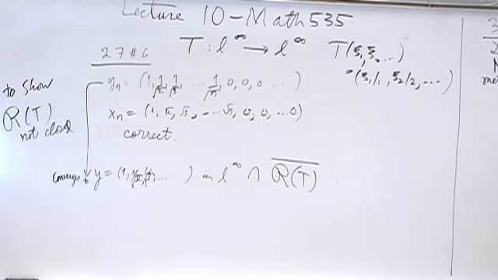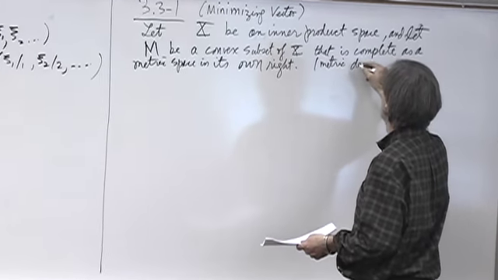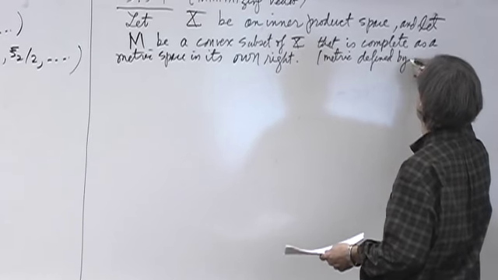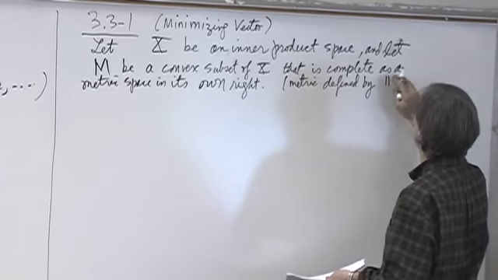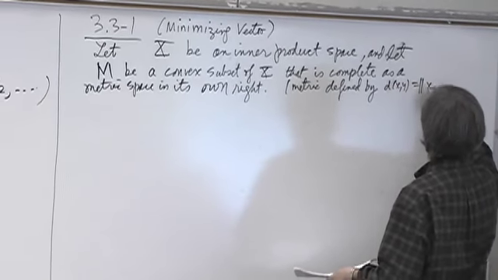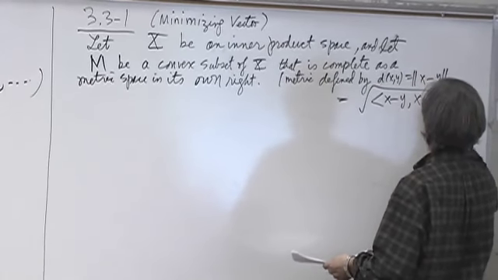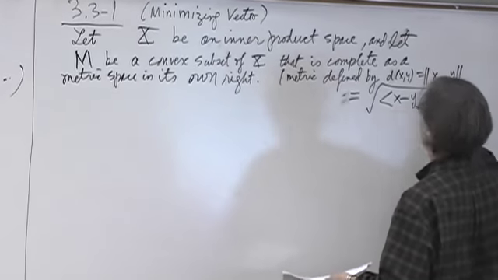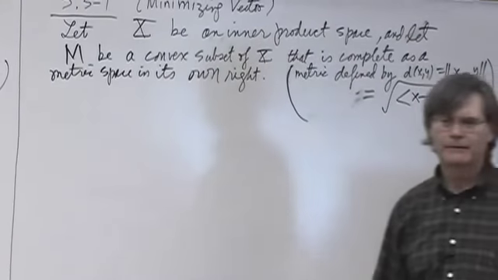And here the metric is the metric defined by the norm, defined by the inner product, by d(x,y) equals the norm of x minus y, equals the square root of the inner product of x minus y with itself. Just to recall all that business, okay?